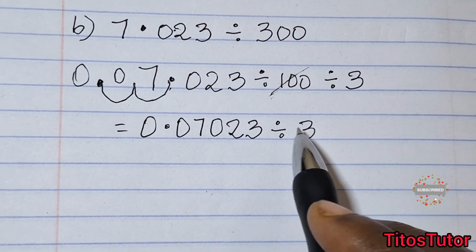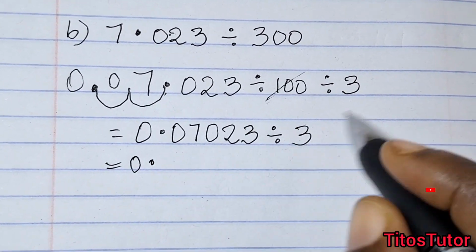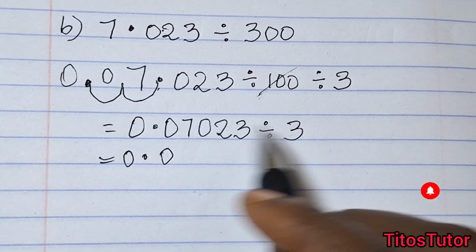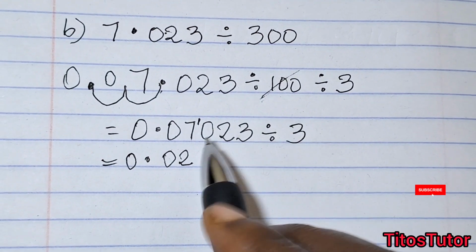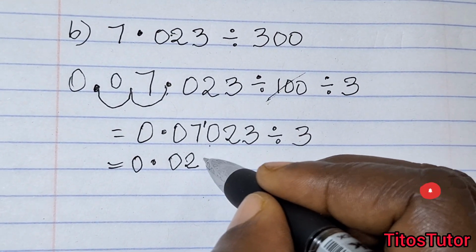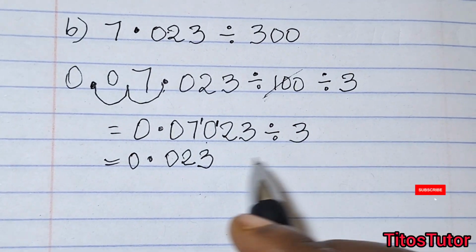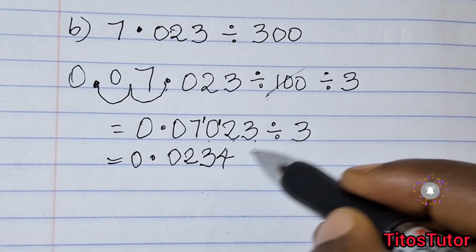Short division. 0 divided by 3 is 0. 0 divided by 3 is another 0. 7 divided by 3 is 2, which is 6, remainder 1. 10 divided by 3 is 3, which is 9, remainder 1. 12 divided by 3 is 4, and 3 divided by 3 is 1.